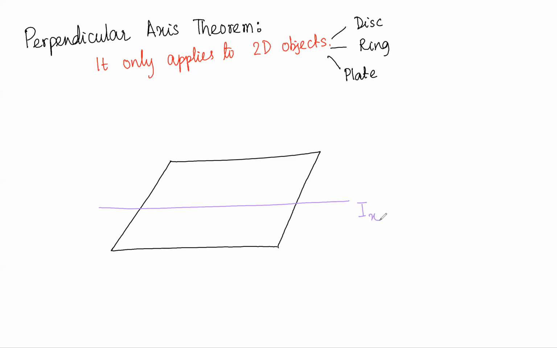And then you find out the moment of inertia about some other axis, let us say that is Iy. Then the moment of inertia about the third axis, Iz, is given by Ix plus Iy.